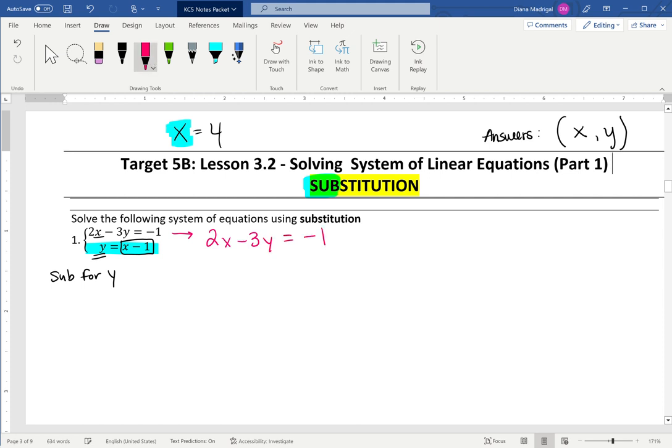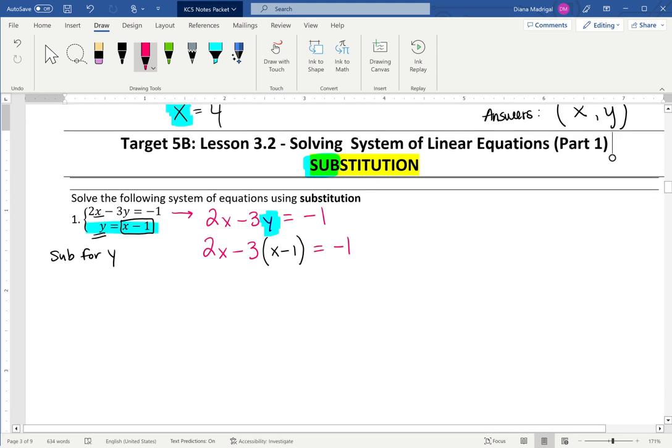You're going to take that equation and sub for y. So here you go. Here's y. I'm going to substitute it. So I'm going to write 2x minus 3. And I told you that every time you sub for the variable, you're going to plug it into parentheses. What is y? y equals x minus 1. Equals negative 1. All right, so I sub for y.